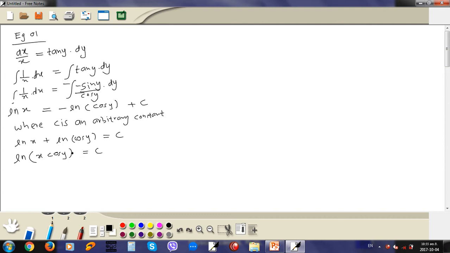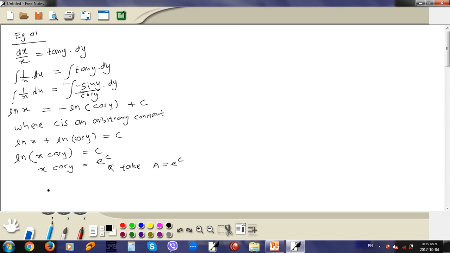Then x cos y equals e to the power c. This is another constant, so take a equals e to the power c. You know that c is a number and e to the power c is another number, so I take that number as capital A, right?